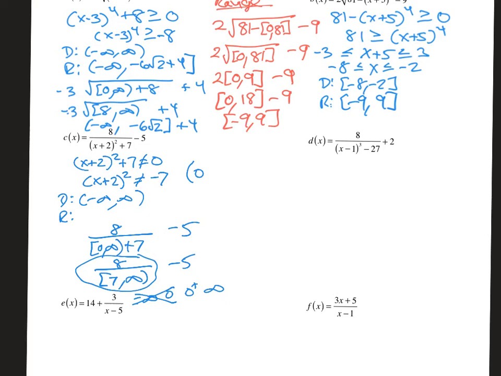But I'm never going to explode towards positive infinity, because in order to do that, I would have to have 8 over a tiny positive. And the smallest positive value I have in the denominator is 7. So that means the biggest it's going to get is 8 sevenths.